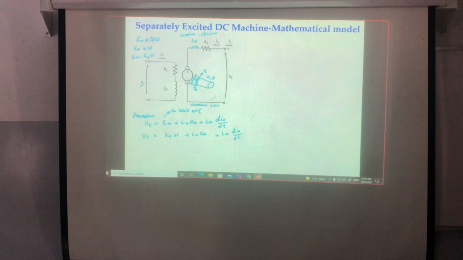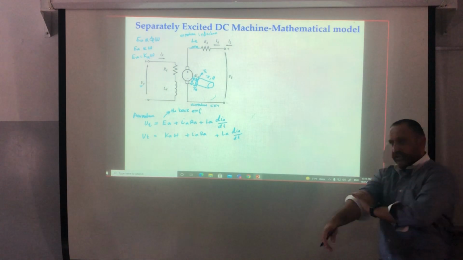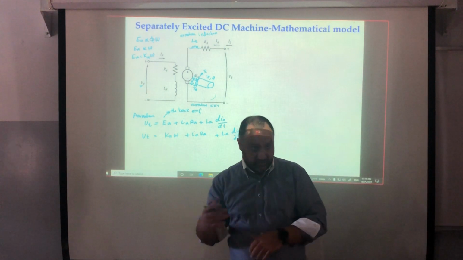Correct? This is the electrical representation for the armature.